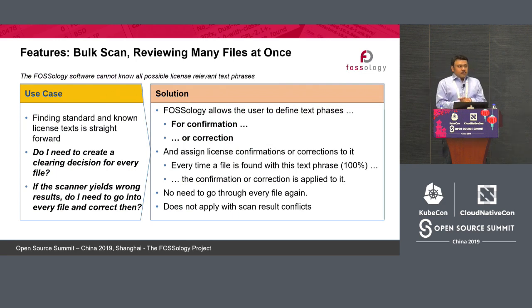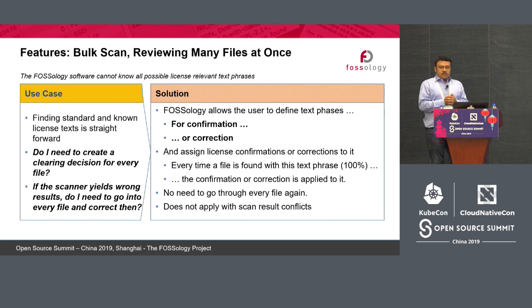I've talked about two scanners, Nomos and Monk. We have so many open source licenses available, so it's not possible that a scanner will always hit the right license at the right time. There may be a possibility that there is a new license. So how do we handle those situations?